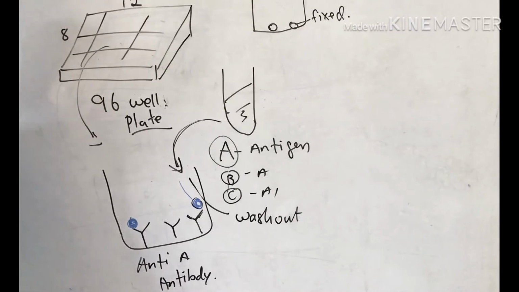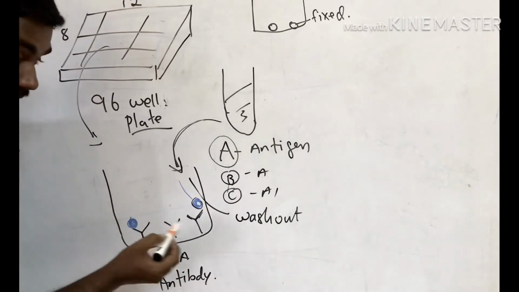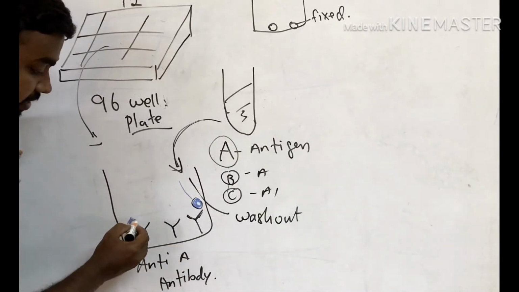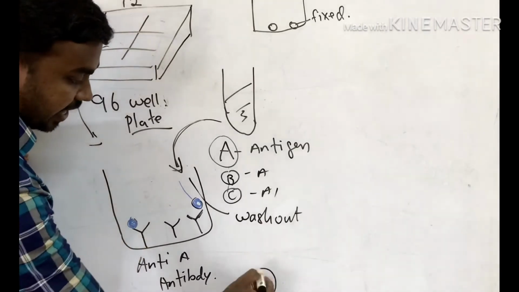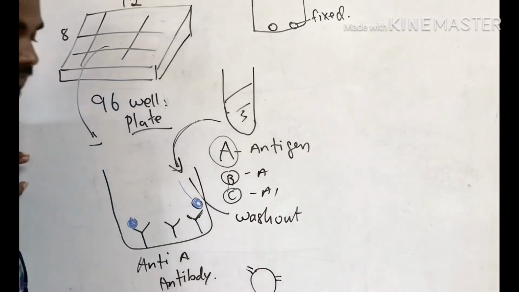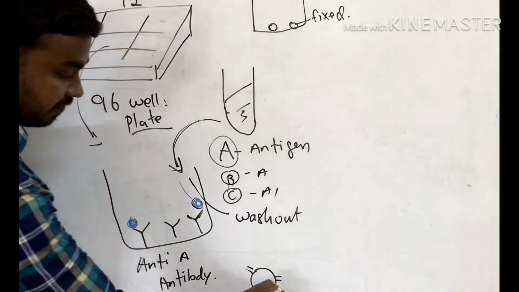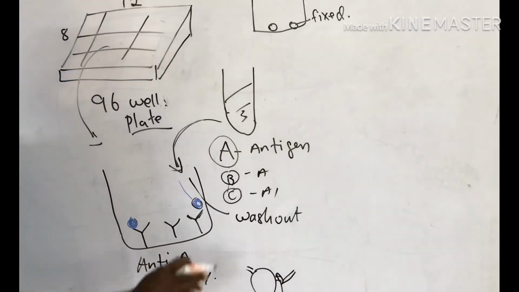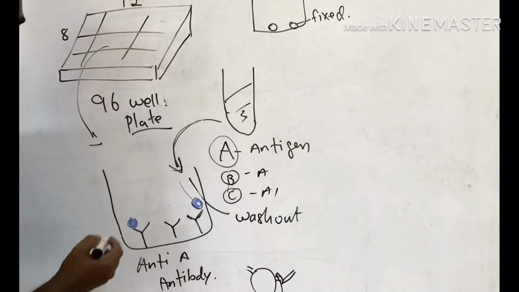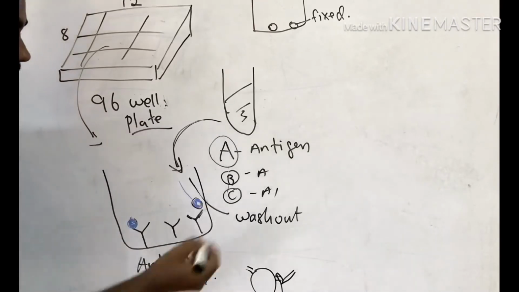Now what we'll do next is add the targeting antibodies. These are also monoclonal antibodies. I already told you an antigen has different epitopes. Already one antibody is attached with one epitope. Now I'm going to add the targeting antibody.